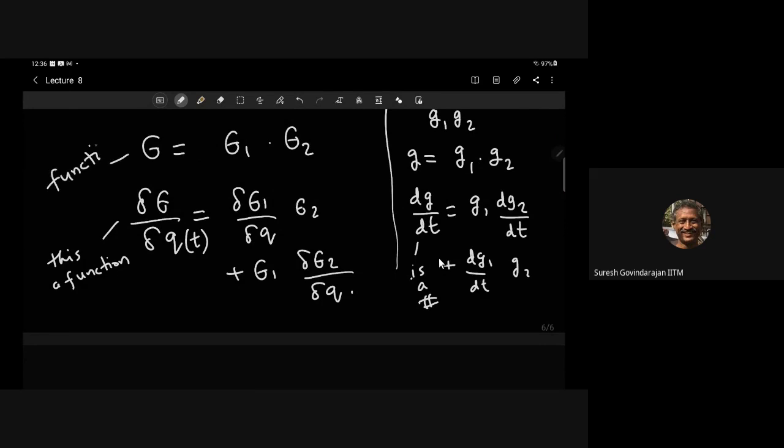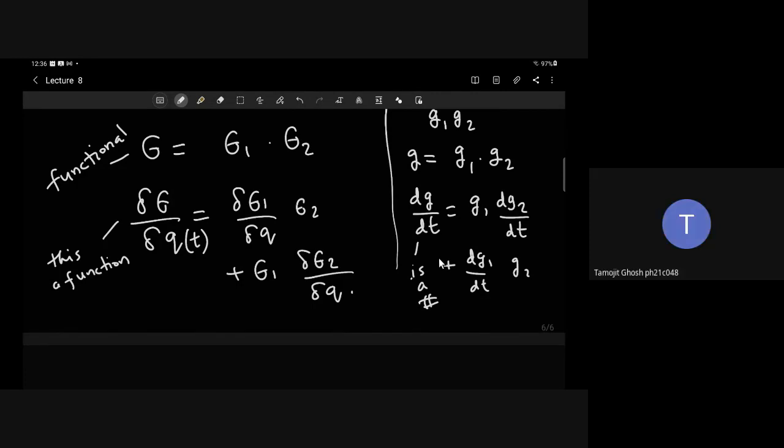I hope you understand the difference. For a particular value of t, dg by dt will give a number, and for a particular value of q, the functional derivative will give a function. That's what I mean. So the analog of fixing q here is fixing time on the right hand side. Good point actually.